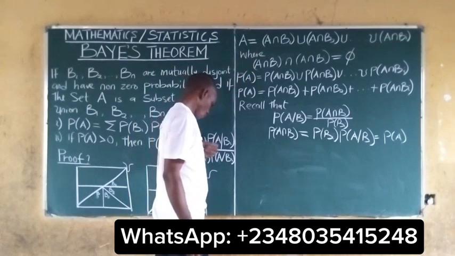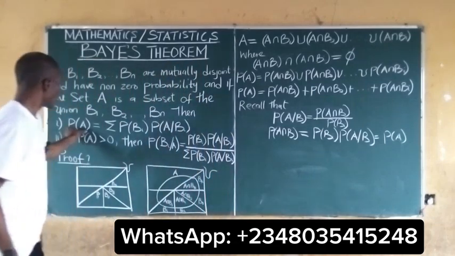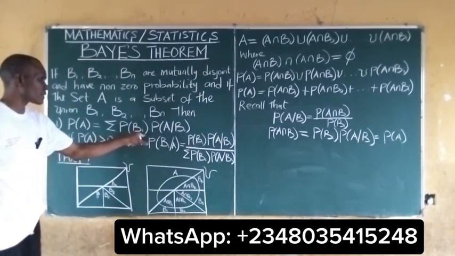So the next thing to do is that for this function, the probability of A, they said we should show that it is this.